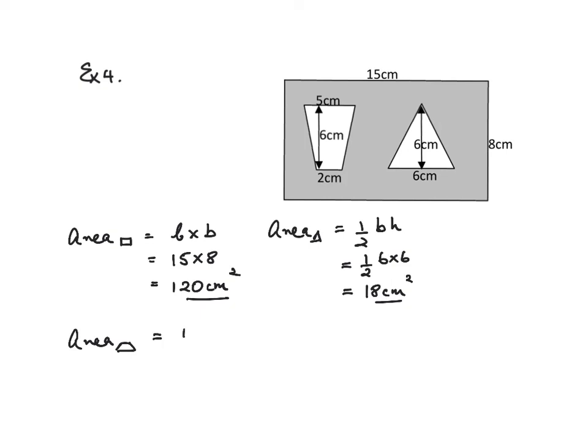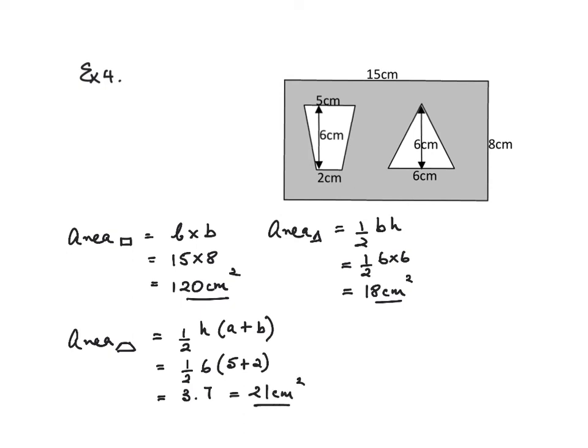The formula for that is 1/2 of h a plus b. That's 1/2 of 6 times 5 plus 2. 5 plus 2 is 7. 1/2 of 6 is 3, so it's 3 times 7, and that's 21 centimetres squared.